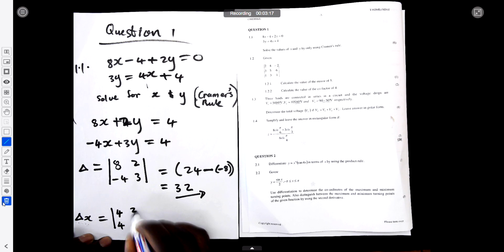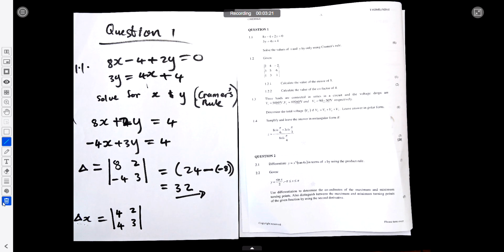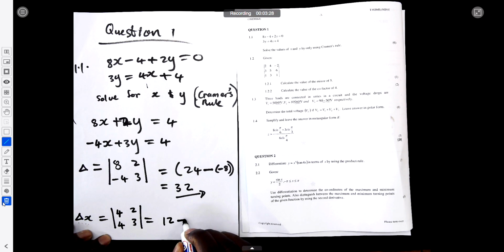The rest remains the same because we only replace one column at a time. So we have 4 times 3, which is 12, minus 4 times 2, which is 8. Therefore delta x is equal to 4.